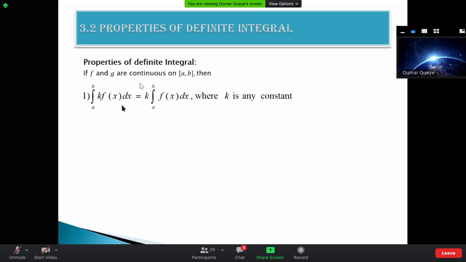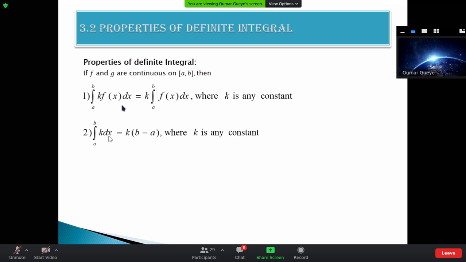In that case, the integral of k times f, where k is a constant, is exactly equal to k times the integral of f. So we can take k out of the integral because we're integrating with respect to x, and k does not depend on x. That's why we can take it out of the integral.